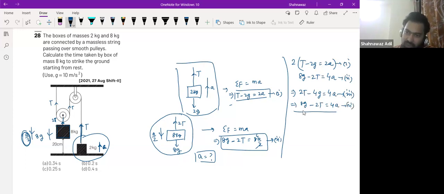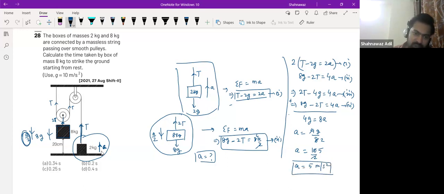If we add these two, this will cancel, right? This would become 4g, and this is 8a. So what is a? a is then 4g by 8, so this is g by 2. g is 10, so this is 5. So a is 5 meter per second square.